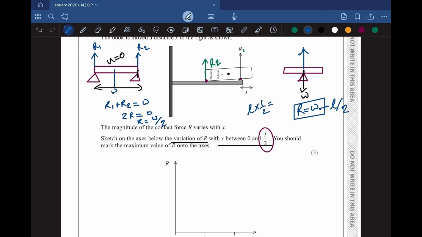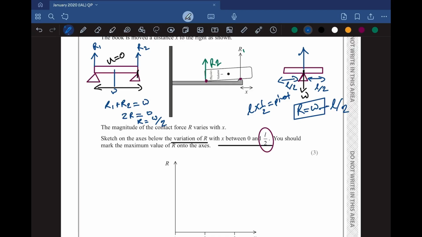So the pivot is at half of the length, right? Pivot is at the half of the length, and right here the pivot was at the edge. So the length was basically 0. The pivot from this position is L by 2, and this position is also L by 2.